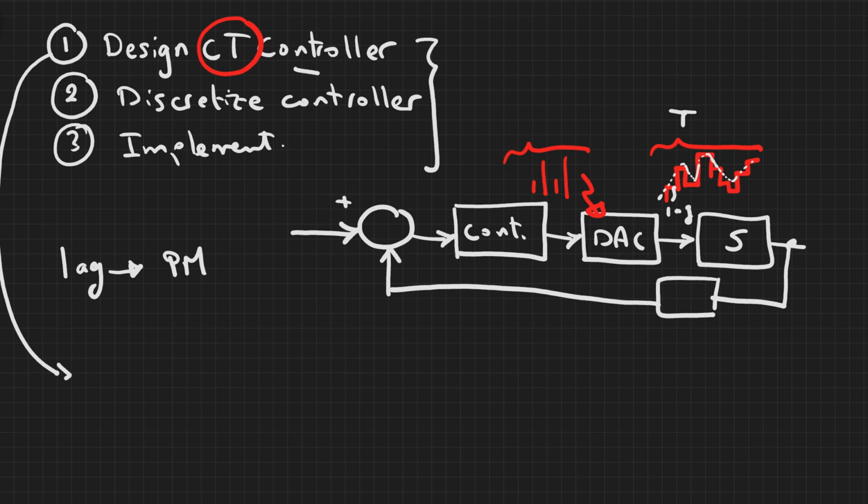we need to modify step 1 to include the zero order hold transfer function in our design. We don't want to design our continuous time controller without taking this into consideration.